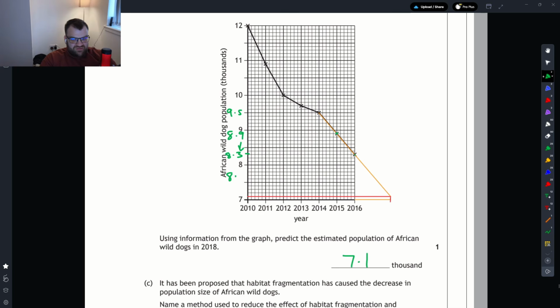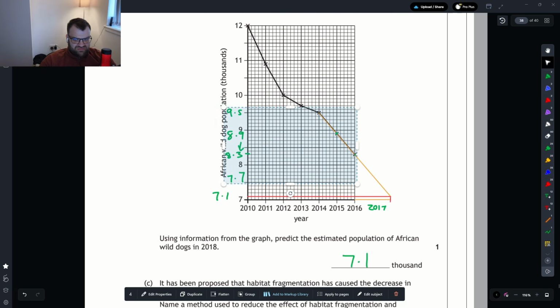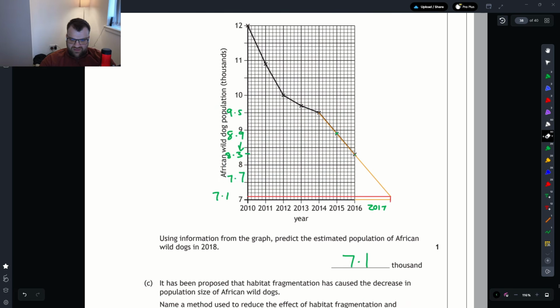So 8.3 take away another 0.6, so 2017 we would expect 7.7. And then one more year would be another 0.6 off that, would be 7.1. Does that feel easier than what I did? Maybe. But hopefully either of those ways would pick up the correct mark.